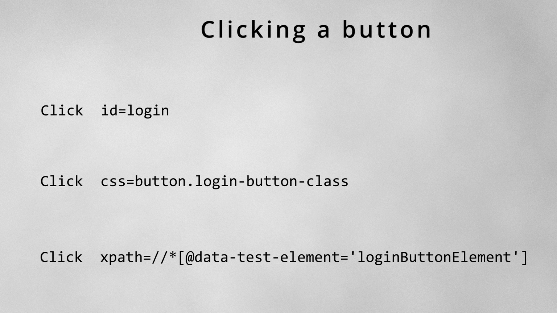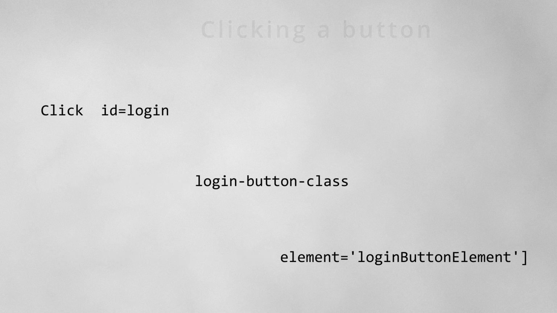While XPath can be incredibly flexible and useful for dynamically generated pages or when no stable attributes are available, it can also become more complicated and harder to maintain than IDs or CSS selectors. It is a great tool to have in your toolkit, but one you should use judiciously.